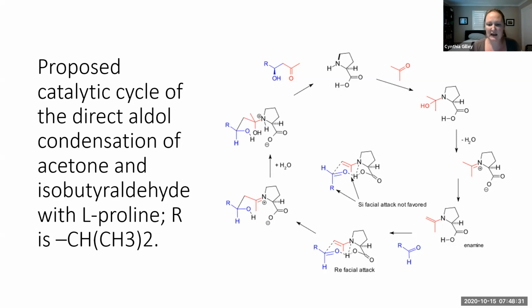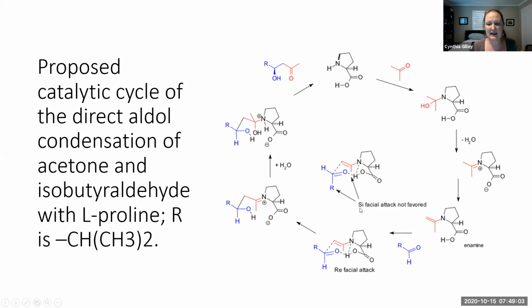When you show that hydrogen bonding going on, and there's even some thought that the nitrogen can get involved in hydrogen bond to the hydrogen of the carboxylic acid, you can start to see a six-membered-like transition state starting to develop here. And because this carboxyl group is pointing out of the plane of the page, it again holds the aldehyde in front of the enamine, instead of behind the enamine.